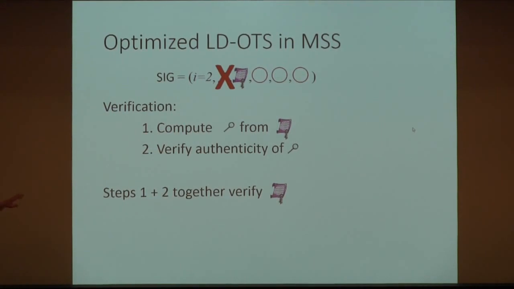So in this case, we can skip first verifying the signature with the one-time public key and then verifying the one-time public key. We simply compute a one-time public key from the signature and then verify its authenticity by using it to compute a new root node, and comparing this root node to the node we are given in the public key.